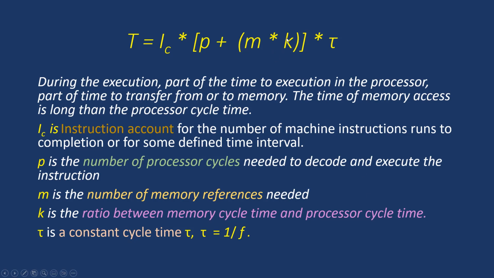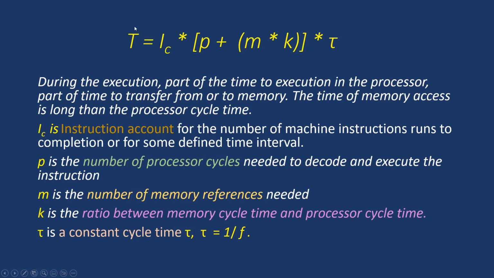This one is always bigger than 1. And then plus the number of the processor time to decode and execute. After they add together, we multiply by 1 over frequency, that is tau, the 1 cycle time, and then the total number of instructions you have.